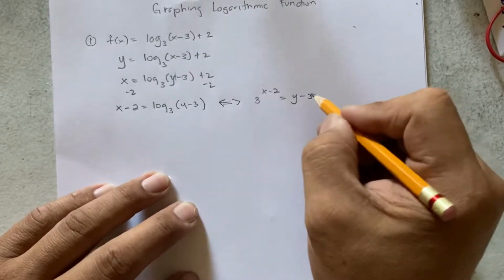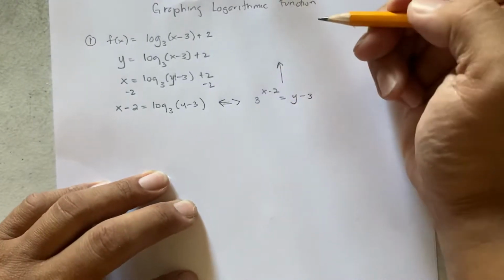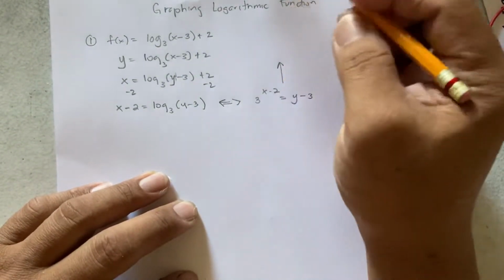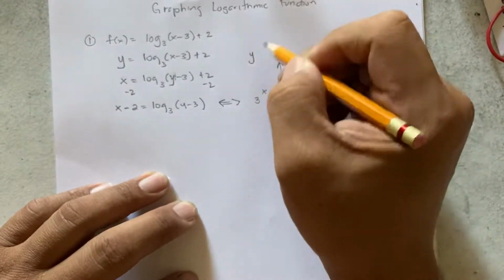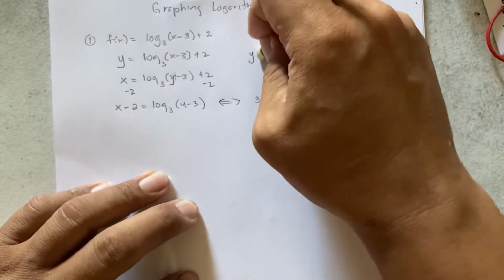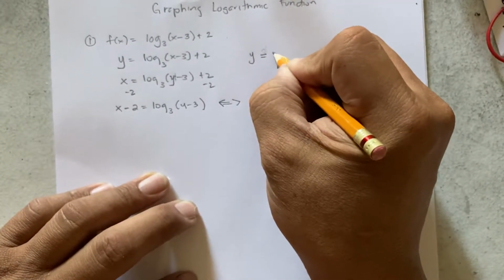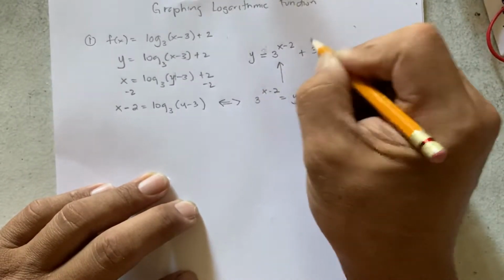Okay, and to save space, I'm going to put an arrow. I know it's non-conventional, but put an arrow. Add 3 to both sides. So we have y equals 3 to the x minus 2, plus 3.